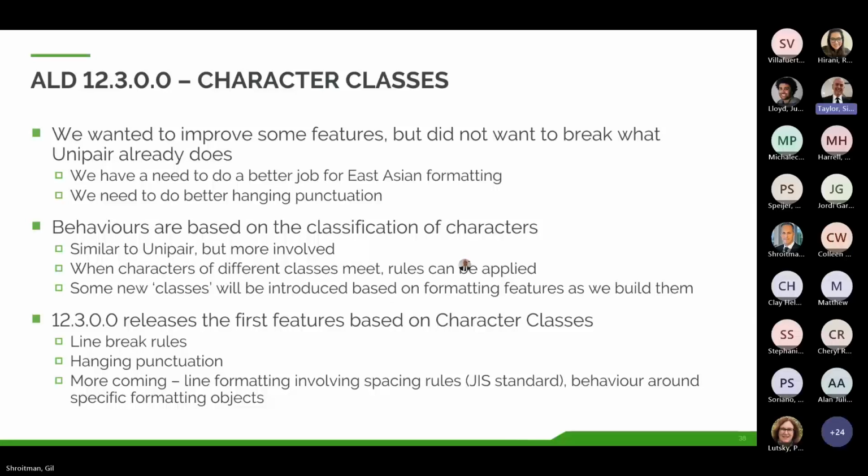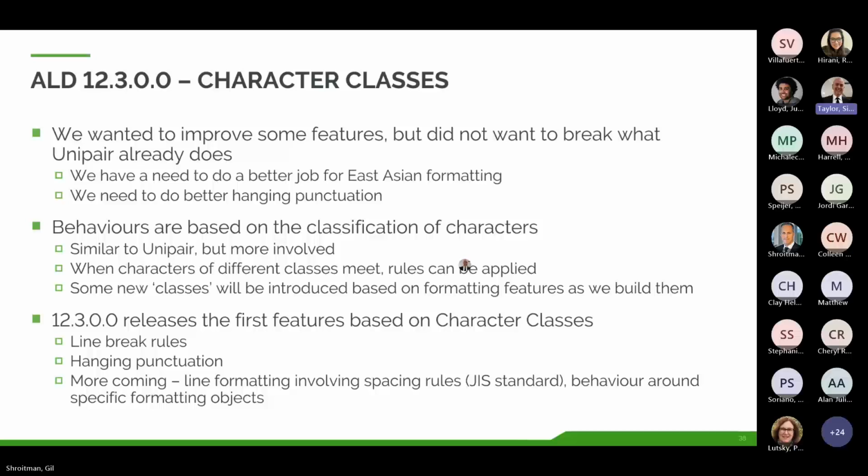We originally have a feature called Unipair, and this takes care of some simple line break rules, but we wanted to extend that to be a lot more functional, and to include other types of behaviors as well.